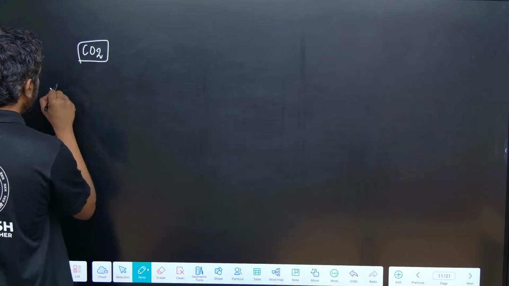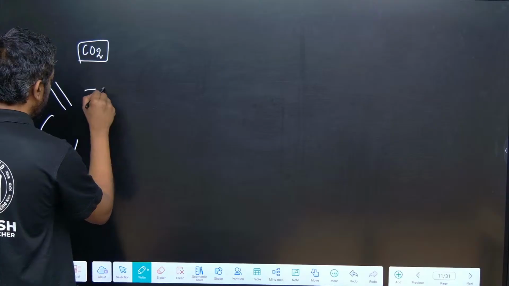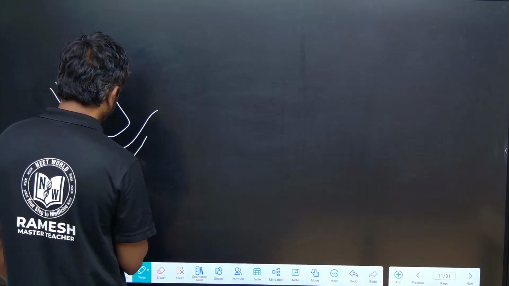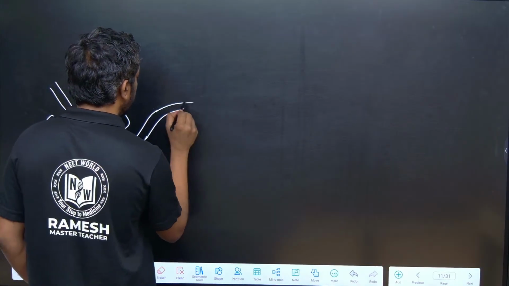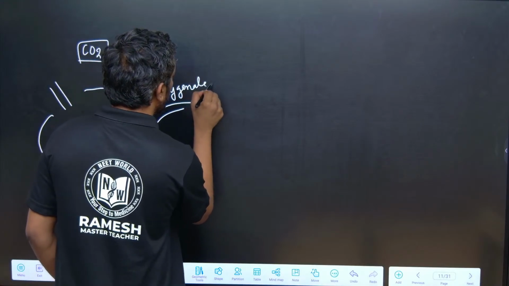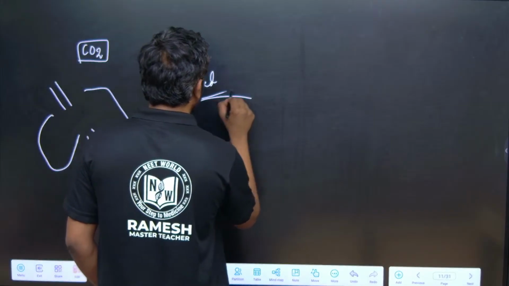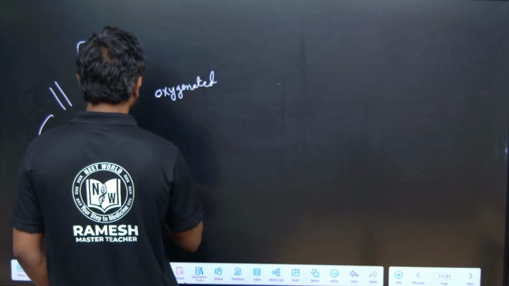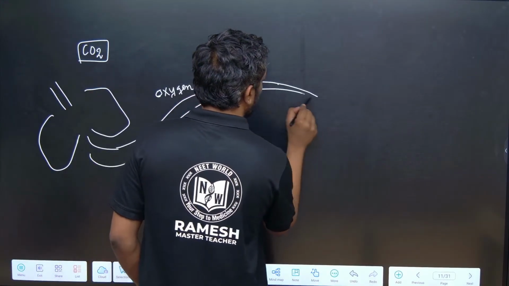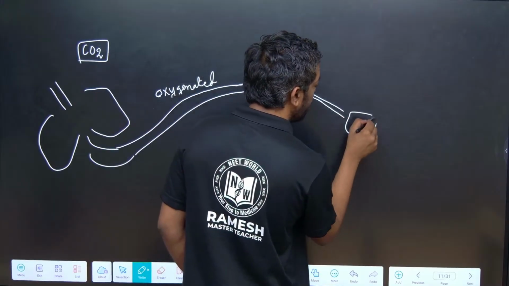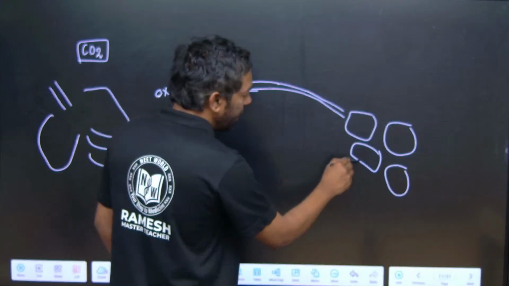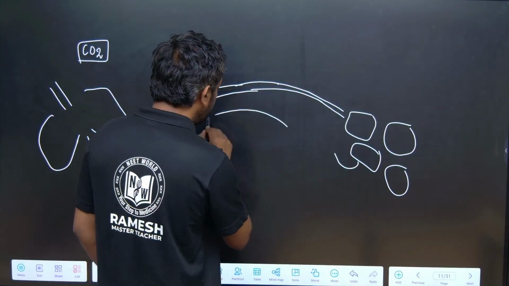Okay. This is lungs. This is oxygenated. Deliver in the tissue. Okay. Deoxygenated, this is the blood vessel, deoxygenated.